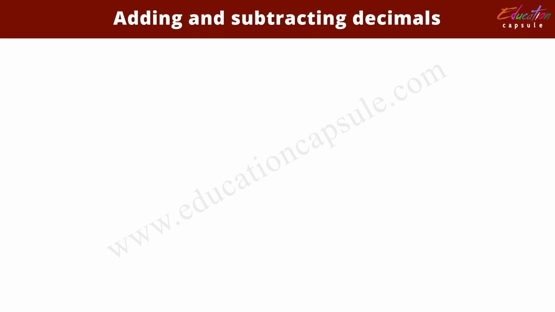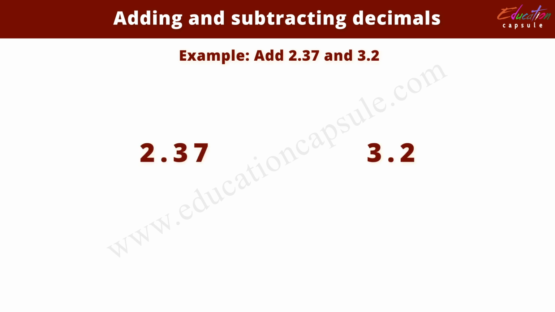Let's take a look at one example. Add 2.37 and 3.2. Since 2.37 has two decimal places, but 3.2 has only one decimal place, then we can write 3.2 as 3.20, as 0 at the end of the decimal number does not make any difference to the number.